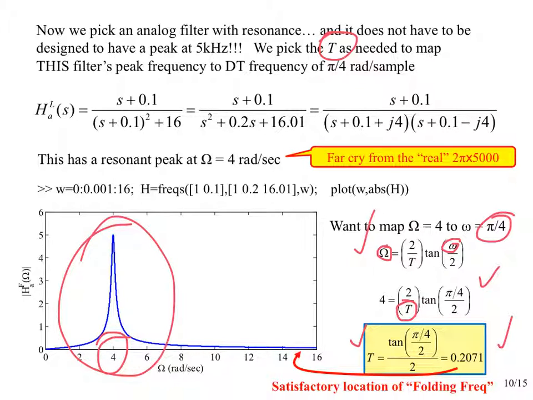It's just a good idea to make sure that 1 over T, well actually 2 pi over T, ends up being out here away from where the interesting part of the filter is happening. Okay.